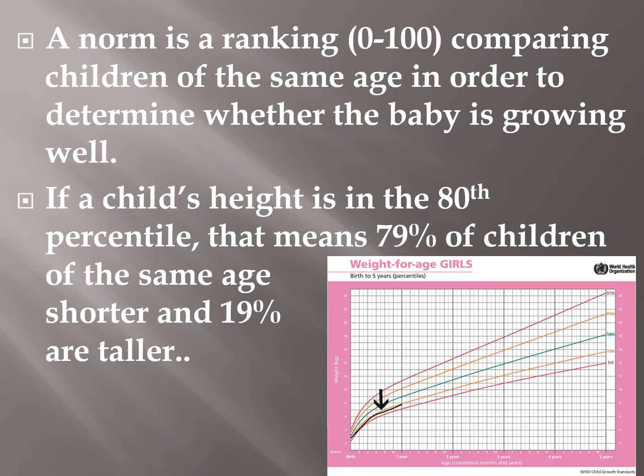And that means 79% of children of the same age are shorter than your child, and 19% are taller. And so it's just a way to compare. Again, if your child is at 10% height, it means they're short for that age group at that point in time. It's nothing necessarily to be worried about.